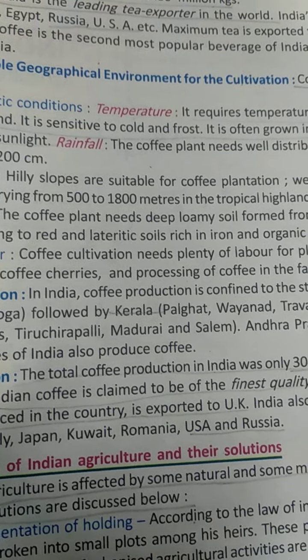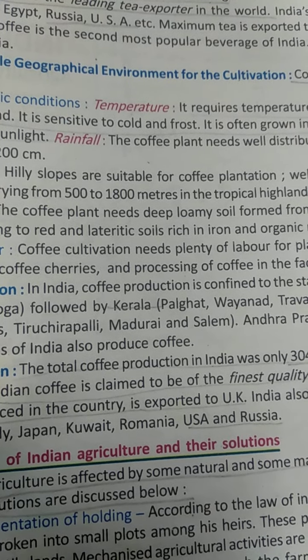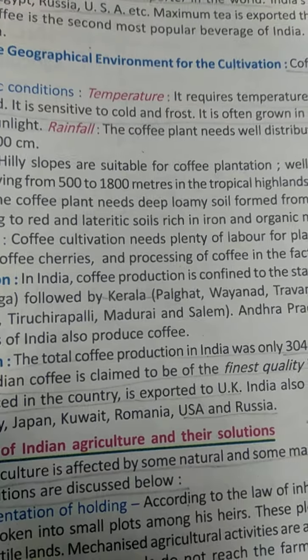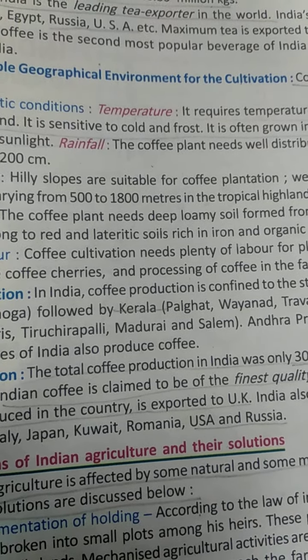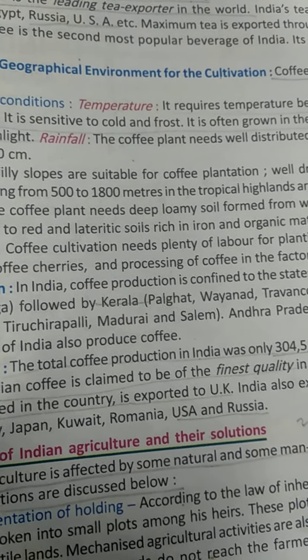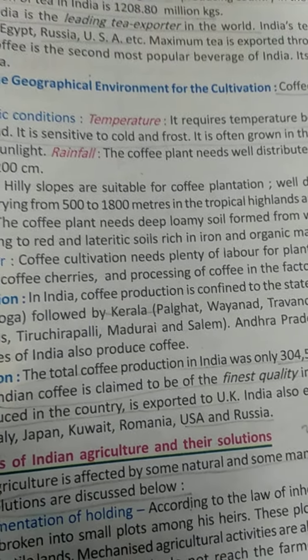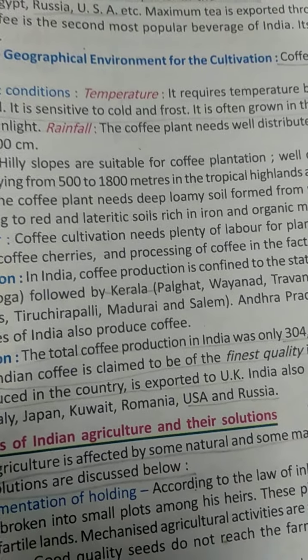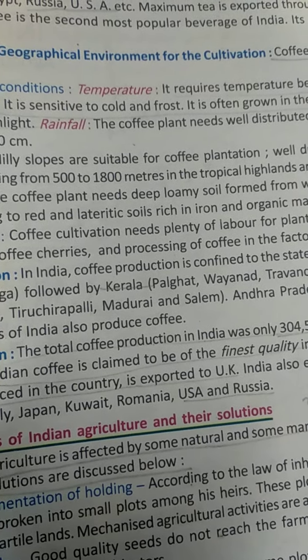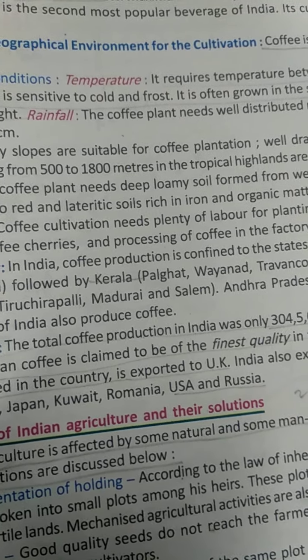Labor, yes, a good quantity of labor is required during planting, seeding, transplanting, then plucking of the coffee cherries, and processing of the coffee in the factory. Now in which parts of India is coffee grown? That is in Karnataka.